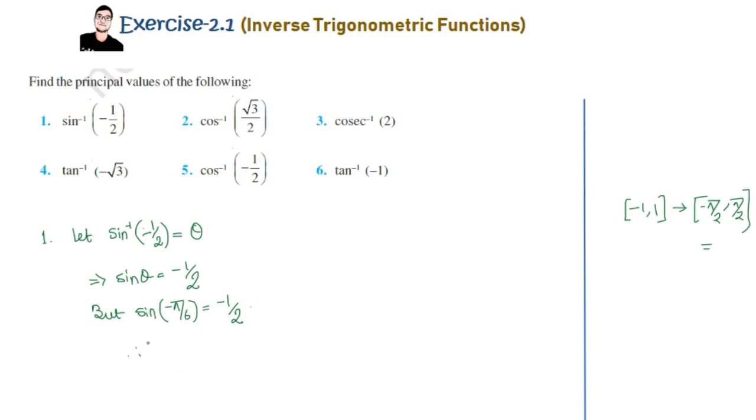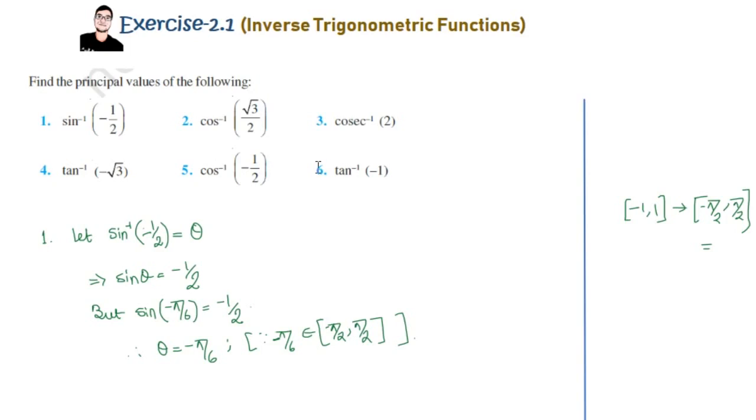Therefore theta is equal to -pi/6, and we are also going to write, since -pi/6 belongs to -pi/2 to pi/2. This is one method of writing it. Hence theta is equal to -pi/6. You can write this way.